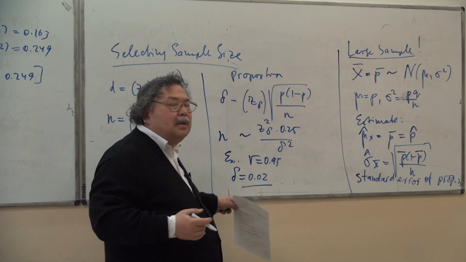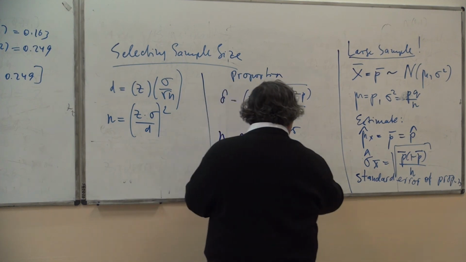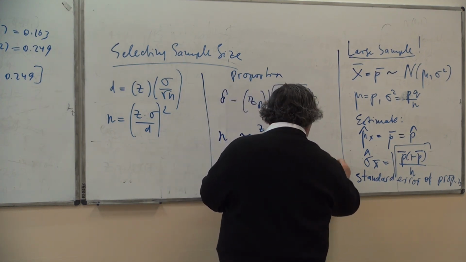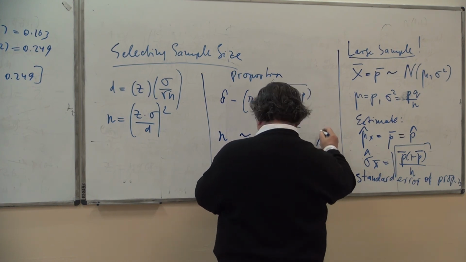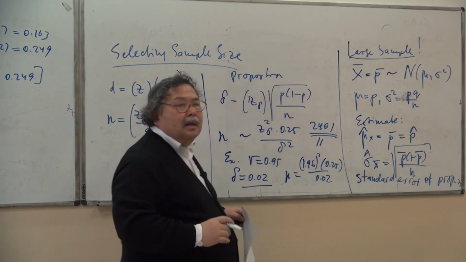So if you want this margin of error, what kind of sample do you need? It's 1.96 squared, times 0.25, over delta squared, okay, like this. And this number is surprisingly large.